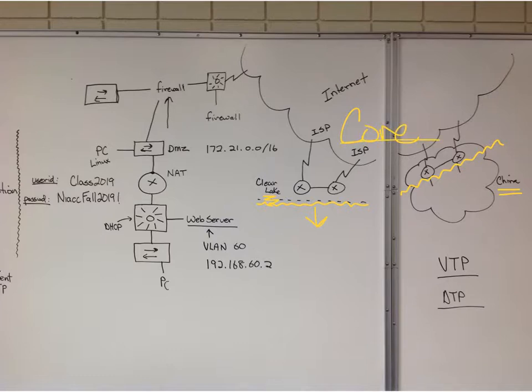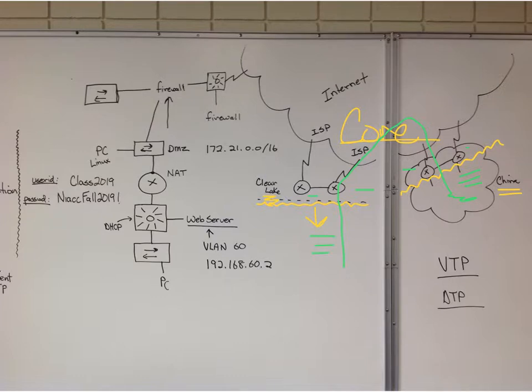You don't want to be doing any access lists and those types of things. You want traffic to move from your internal network to the internal network at China. You don't want these devices having to do any more work than just forward traffic. And then all your distribution and control is done internally in your network.